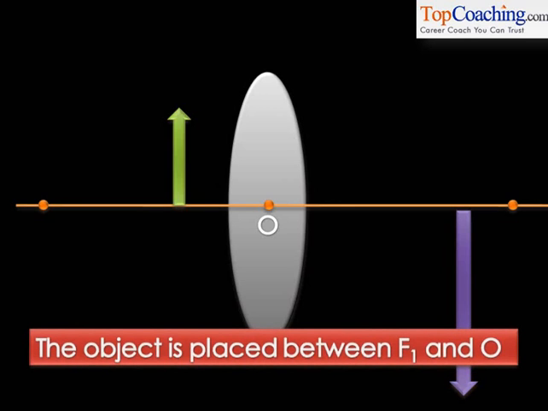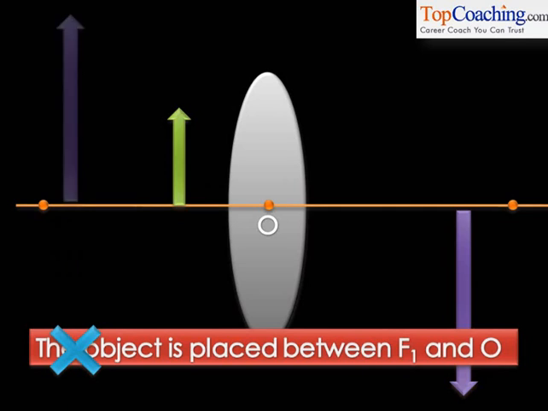The next option says the object is placed between F1 and O. This option is wrong. We know that when the object is placed between F1 and O, a virtual image is formed, isn't it, on the same side of the convex lens? Since in this case, a virtual image is not formed, a real inverted image is formed, so the object is definitely not placed between F1 and O. So this option is again wrong.